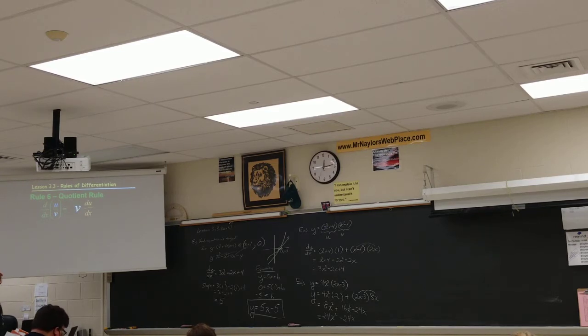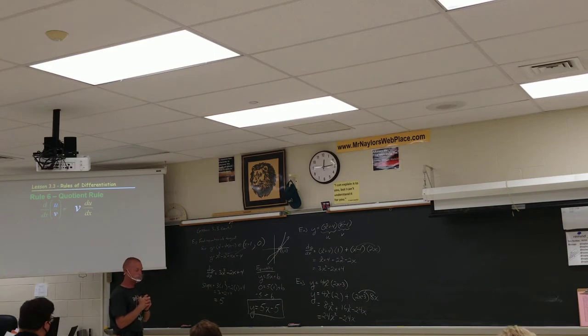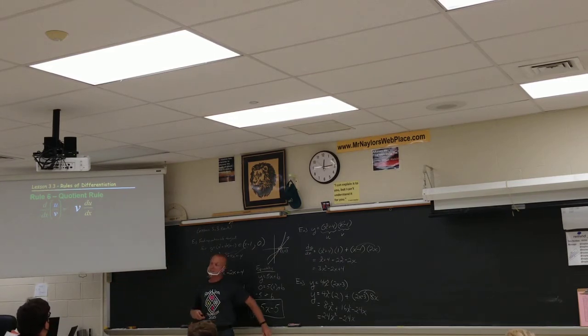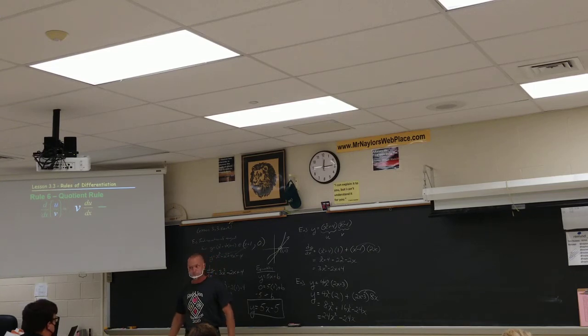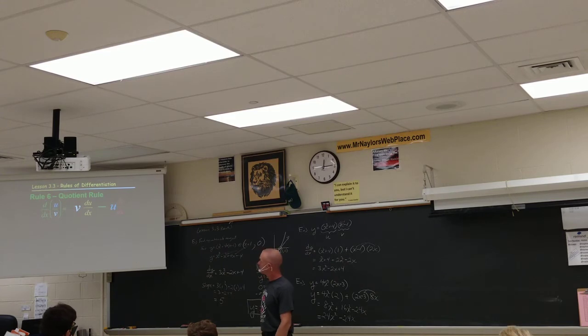So it turns out that you'll do V times the derivative of U. So we call it V du dx. It would be like the bottom and then the derivative of the top. And then you'll subtract. Can you guess what you'll subtract? U times the derivative of V. Good. U times the derivative of V.